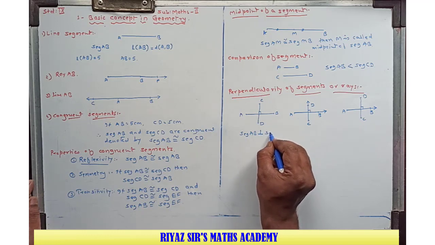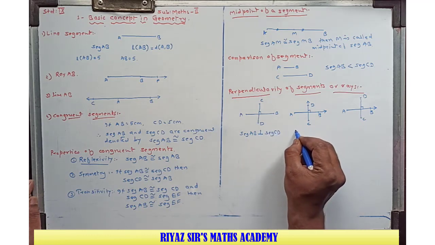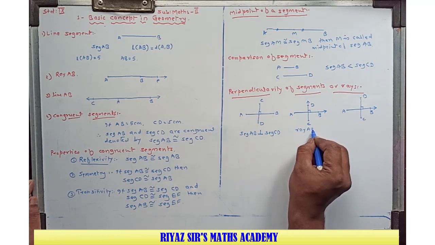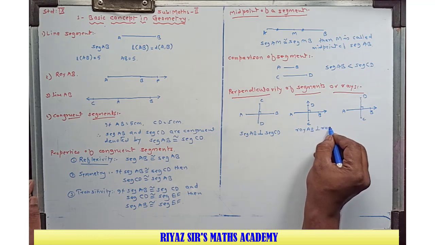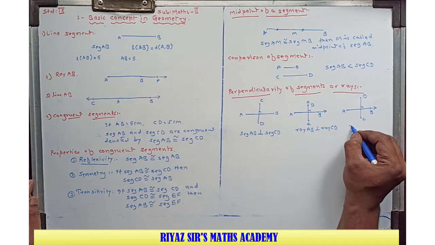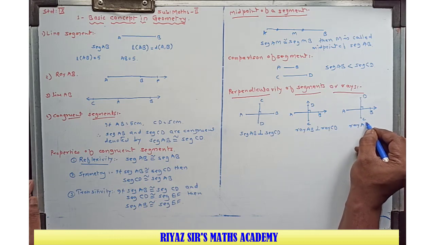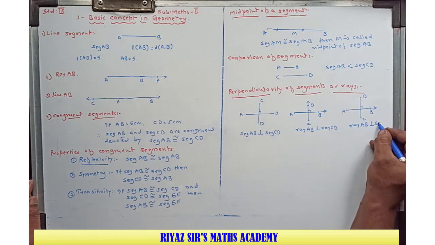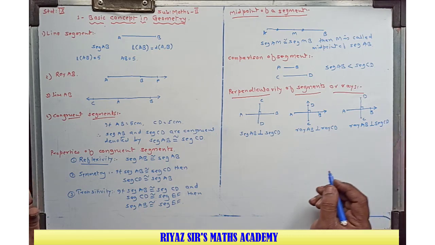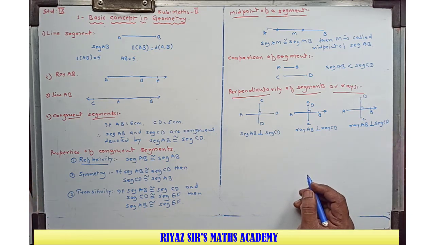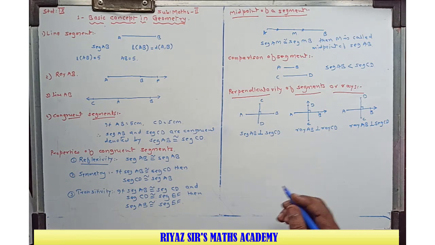Segment AB is perpendicular to segment CD. Here ray AB is perpendicular to ray CD. And here ray AB is perpendicular to segment CD. Like that we can write. So this is perpendicularity of segments or rays.